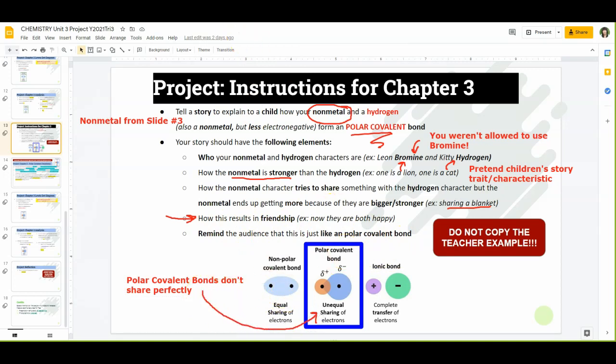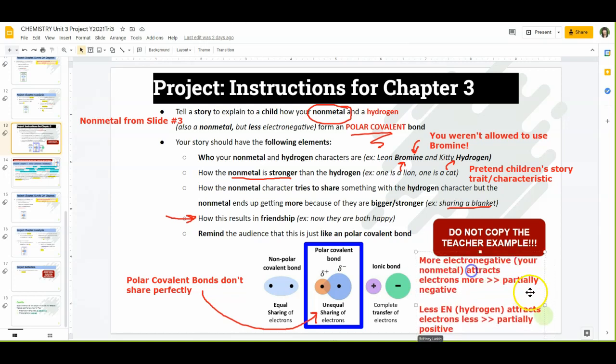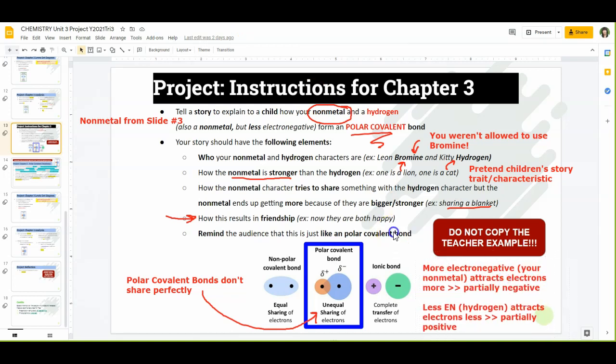So the one that's more electronegative, which will be your nonmetal, attracts electrons more, making it partially negative, whereas the less electronegative, which is the hydrogen, attracts electrons less, which makes it partially positive. All right, so that'll be important for later when you do your analysis. So I would make sure to write this down or take a note of this because this is really important.